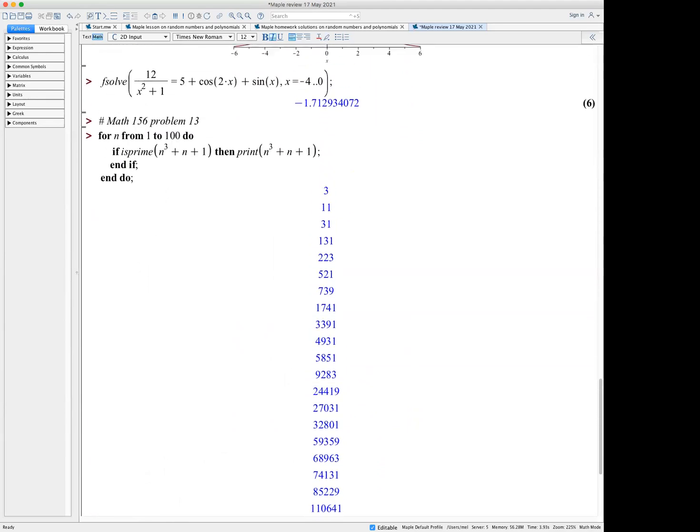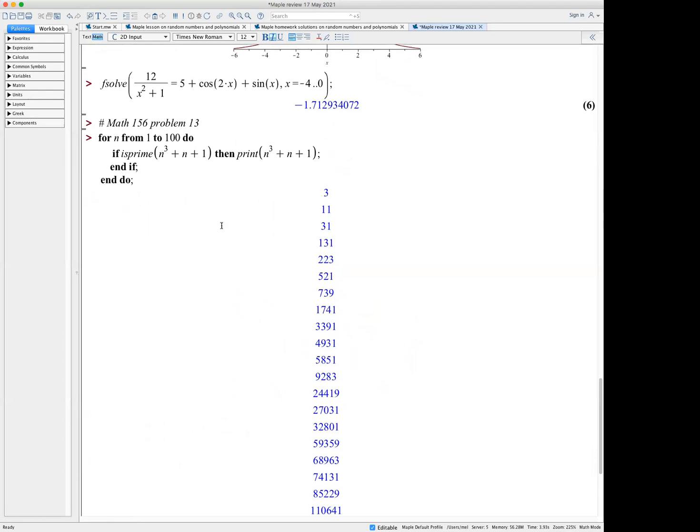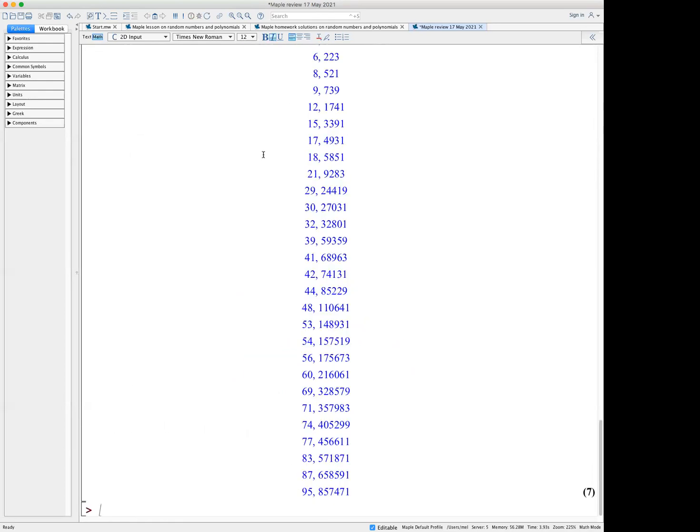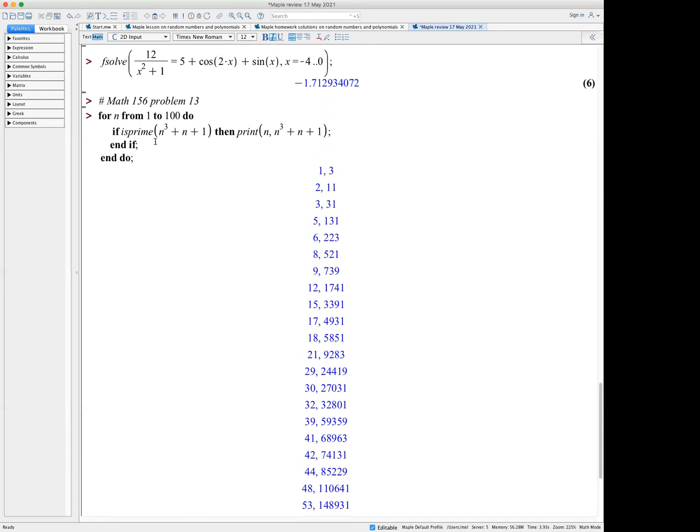So all of these numbers are primes of this form. If I want to know what n is producing each of these numbers, let me write n comma that. So when n is 1, 1 plus 1 plus 1 is 3. When n is 2, 8 plus 2 plus 1 is 11, a prime.